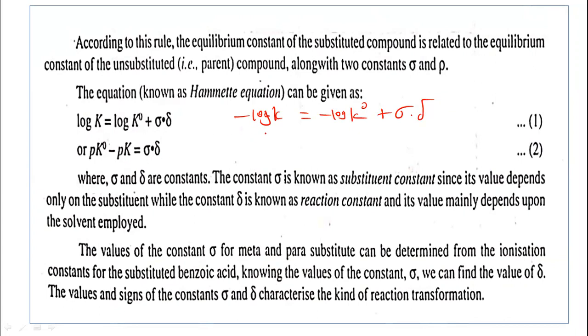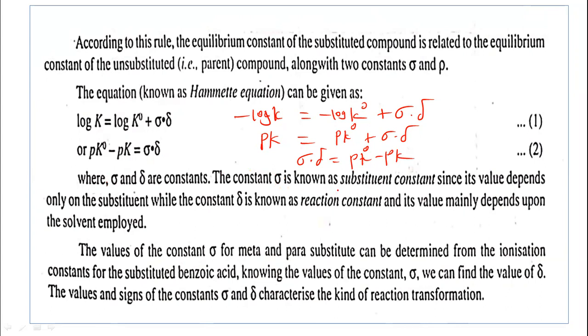This is nothing but pK equals pK0 minus sigma into rho. So we can write sigma into rho equals pK0 minus pK, where sigma and rho are constants.